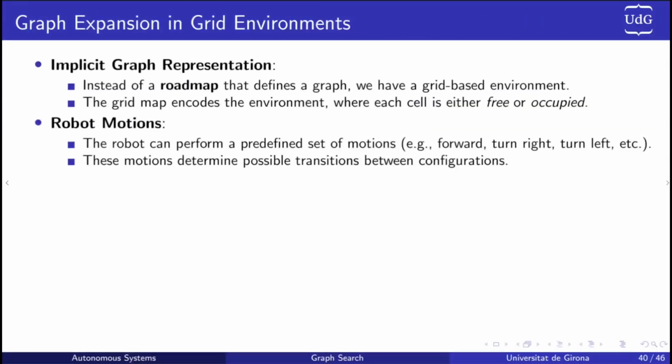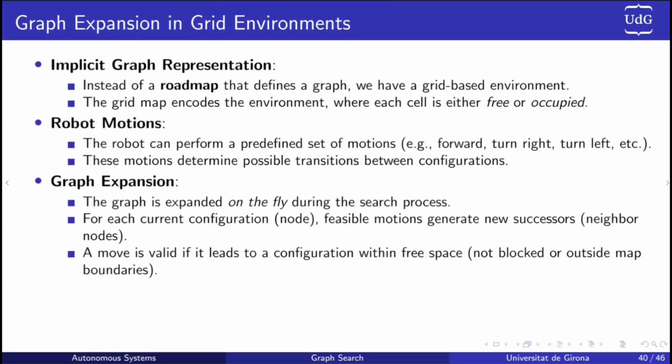The first thing that we need to do is to know which are our robot motions. For instance, we can assume that we can move forward, right, left, backwards, or we can move diagonally, things like that. Then for the graph expansion, we are going to create the graph, the roadmap, basically when we need to access it, when we need to check the neighbors of a particular node. We are in this node, and we need to check which are the neighbors of this particular node.